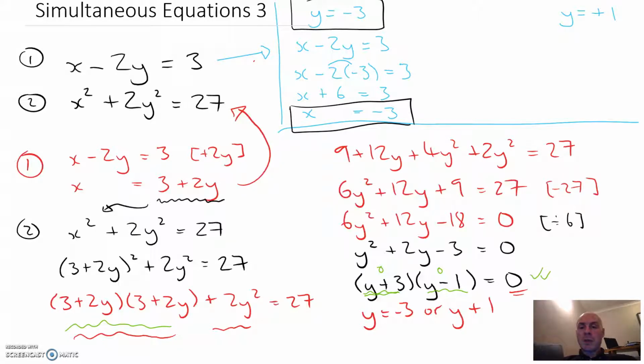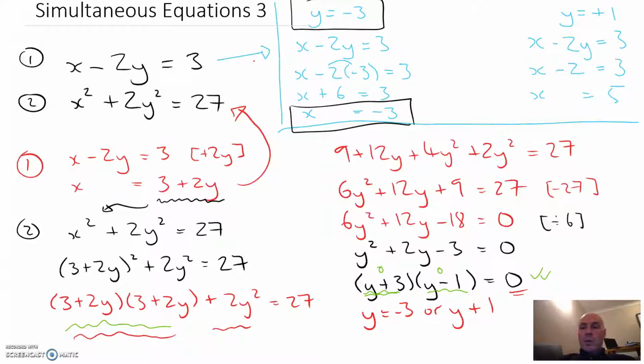y equals positive 1. So again, we'll take the same starting equation, x minus 2y equals 3, and we'll put in y is plus 1. So x, now this time minus 2 times 1, that's just minus 2, is equal to 3. And if we add 2 to both sides, that gives me x equals 5.